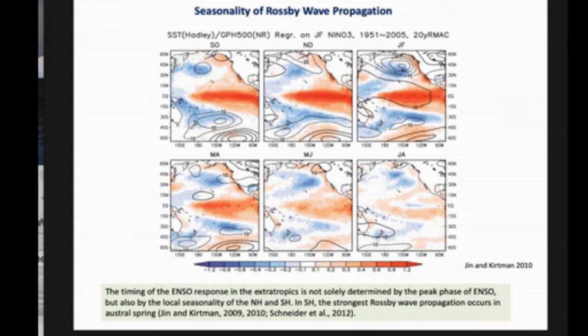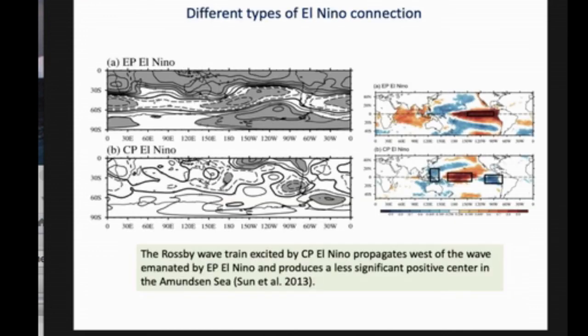Just going back one slide, you showed the different connection pattern for Central Pacific warmings. Yeah, this Rossby wave coming down is not that significant because the Central Pacific cases are few. I think the Central Pacific is more prominent in recent decades. Before, most of the large El Ninos were Eastern Pacific El Ninos.